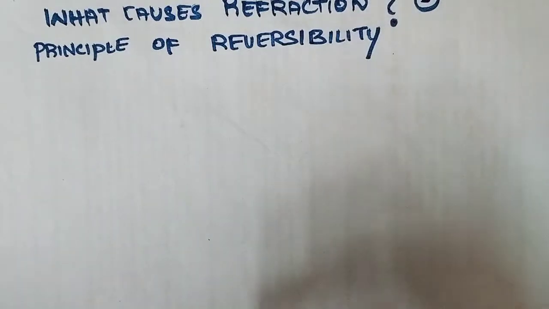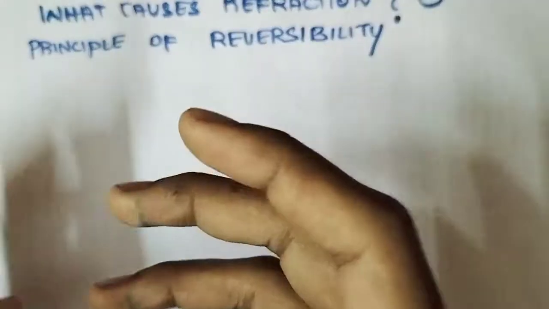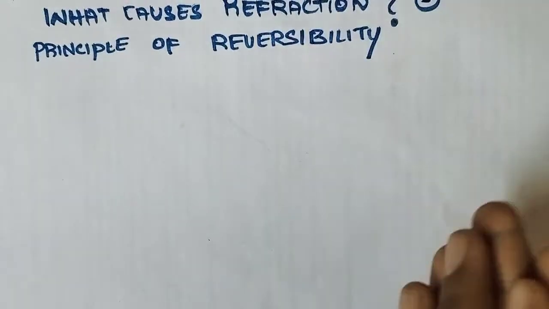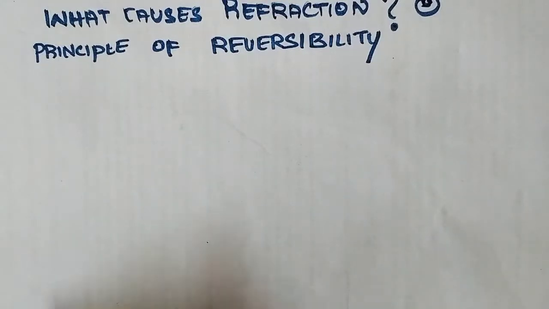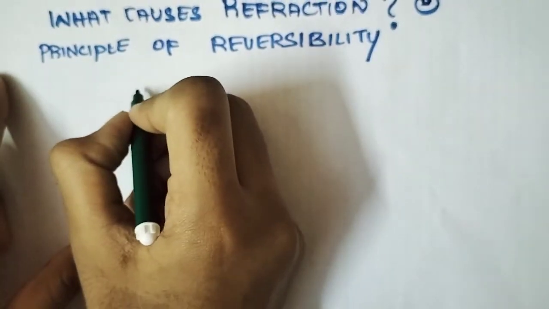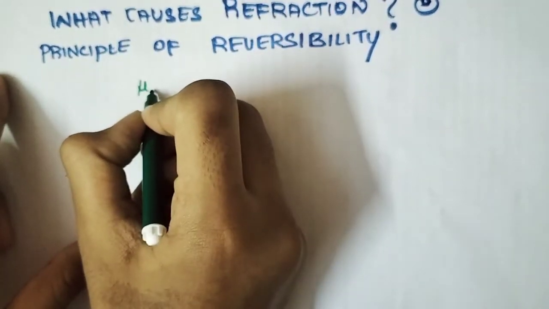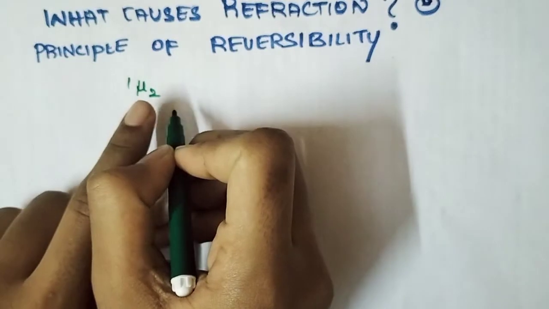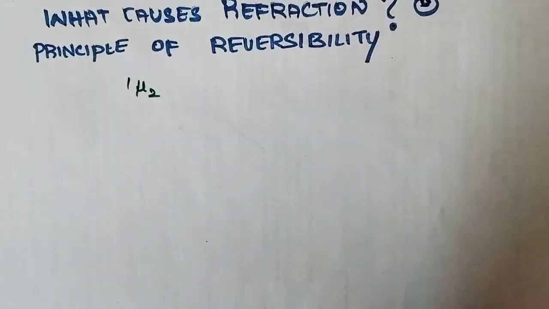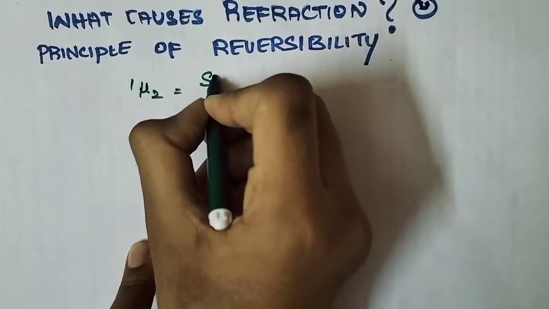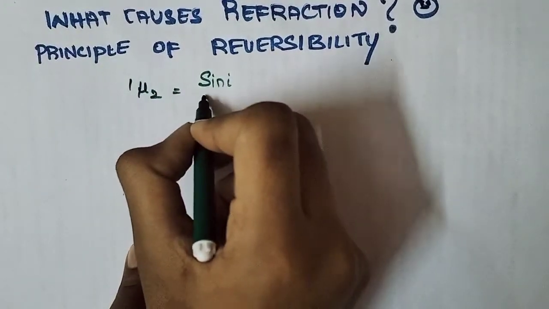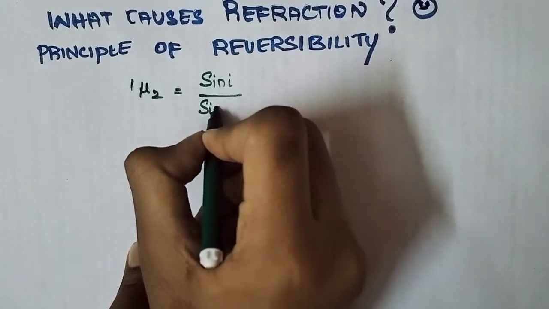The simple understanding of refractive index is this: if the refractive index is greater than 1, the speed reduces. I will write the relation. We know that the refractive index of medium 2 with respect to 1, nu, is sin i by sin r.